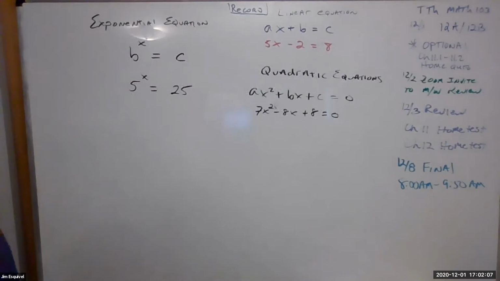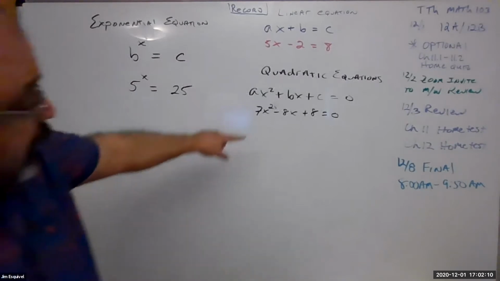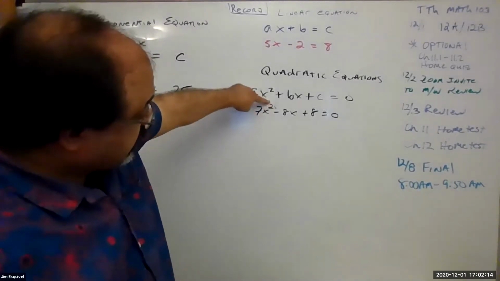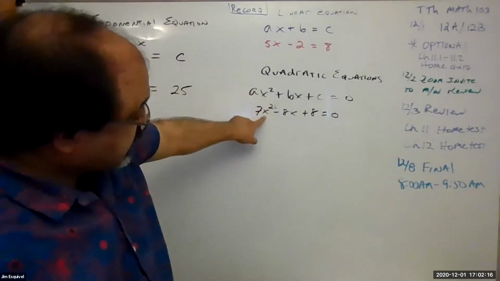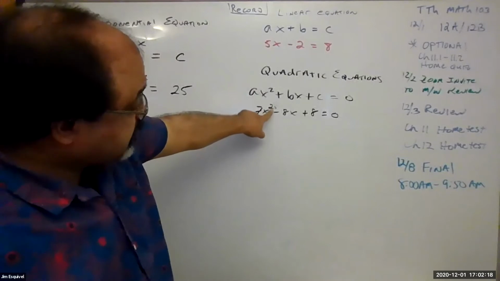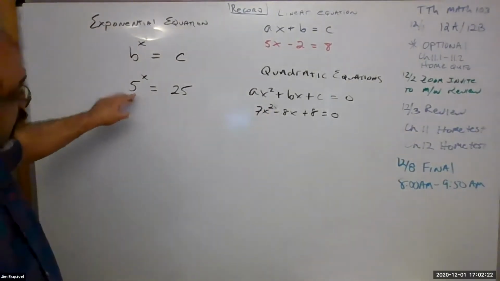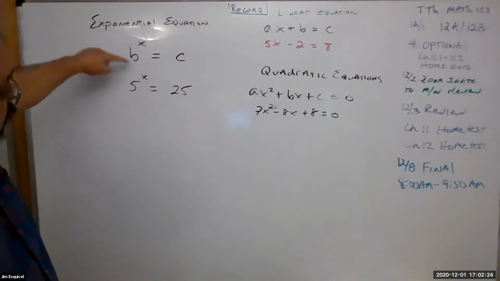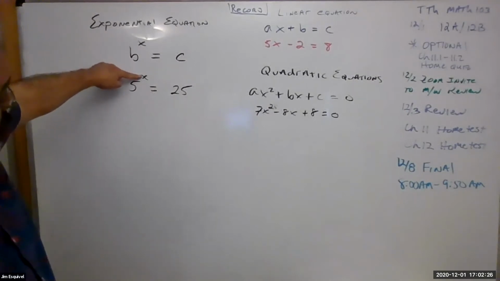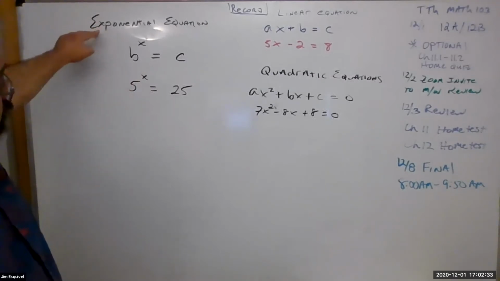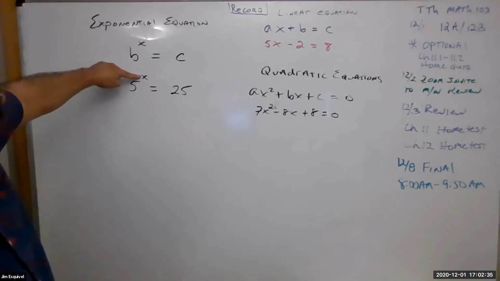Where the x is. Here, x is the base, x to the second. The exponent is a 2. Over here, the exponent is your x. The base is a number, the base is a 5. That's what makes it an exponential equation: the position of your variable. Where's your x?